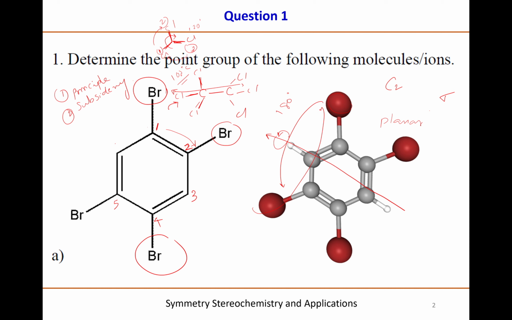But all the atoms are chlorine atoms, so it will look indistinguishable. We are able to distinguish between these chlorides because we are giving numbers to them. But if we do not give the numbers, then it becomes indistinguishable. Correct? Indistinguishable.